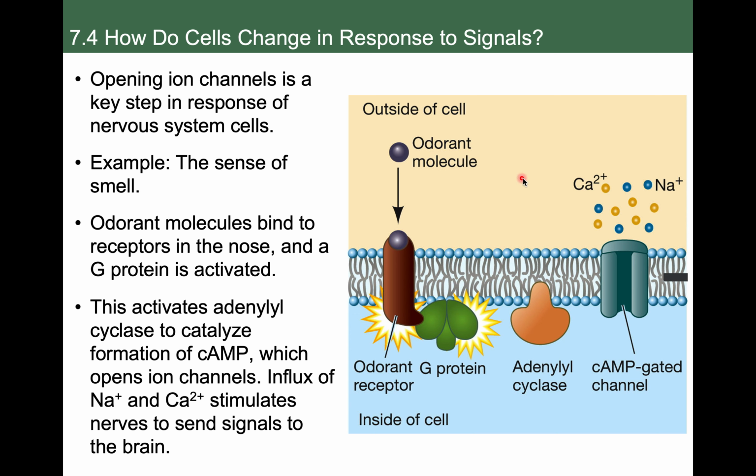That channel will open and it'll allow calcium and sodium ions that were concentrated outside the cell to now flow in, and the presence of those ions inside the cell is going to stimulate nerves to send signals to your brain that say, hey, I smell something good or something bad, depending on the particular odorant molecule. So the end result in this case would be nerve signaling gets initiated.